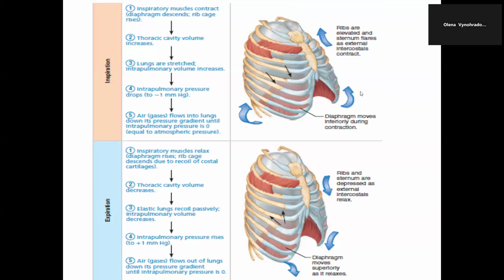When we inhale, the diaphragm contracts and moves down, the ribs move out, and the volume of the cavity is increased. When we exhale, the diaphragm moves up and the ribs move down and the volume is decreased. We have exhalation.